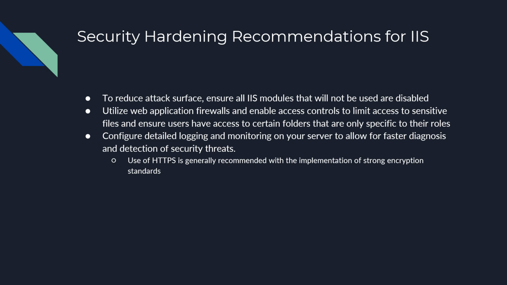Lastly, configure detailed logging and monitoring on your server to allow for faster diagnosis and detection of security threats. In general, use of the aforementioned HTTPS is recommended with the implementation of strong encryption standards.